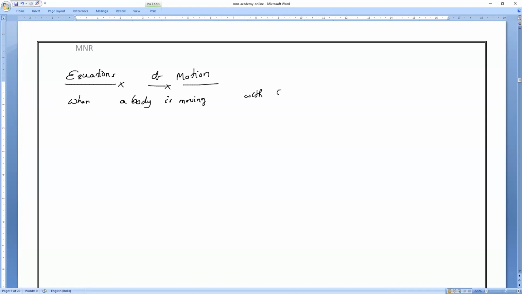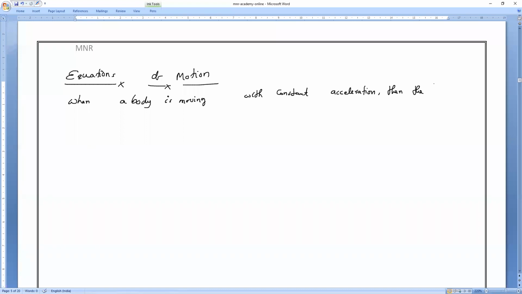When a body is moving with constant acceleration, what do we call the motion of the body? Accelerated motion, or zero acceleration?